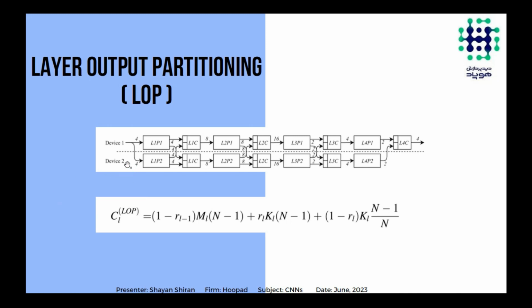The communication overhead is the number of the arrows that are crossing these partitions. So here the communication overhead is 4 plus 4 plus 4 plus 8 plus 8 plus 2 plus 2 and again plus 2. That's our communication overhead here.